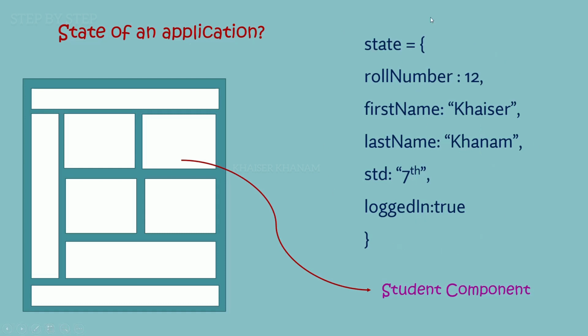This is the entire information. This is my application information. This information will be stored inside one container. In Redux, that container is called a store, and this information will be managed by Redux. So this is nothing but the state of an application.